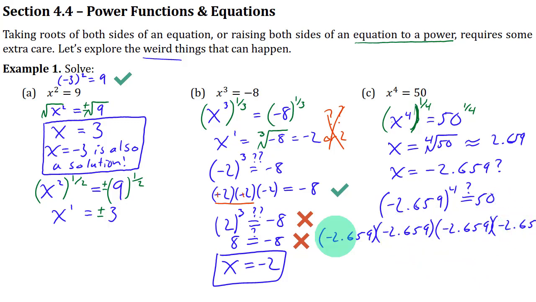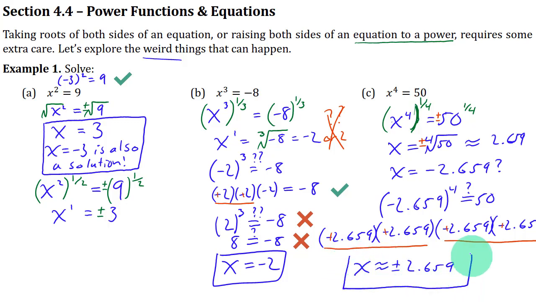Yeah, 4 copies of this are going to cancel out in pairs to become positive, and you're going to get positive 50. So, yeah, that is a solution. So we do need to include the plus or minus here. I guess I should say approximately equal because I had to round that off a bit.